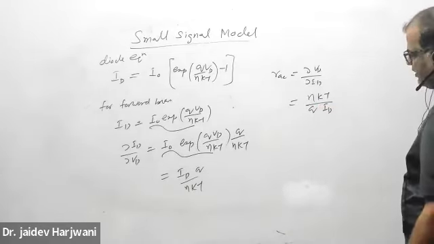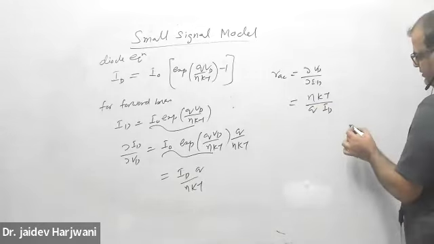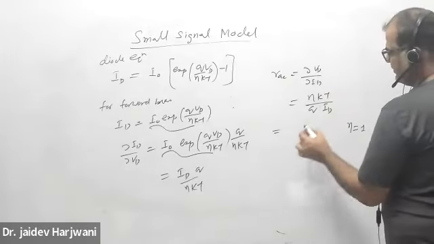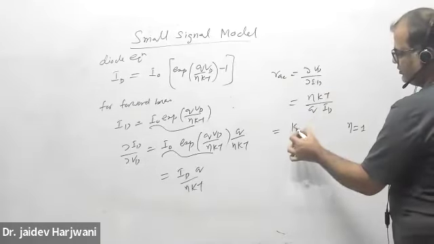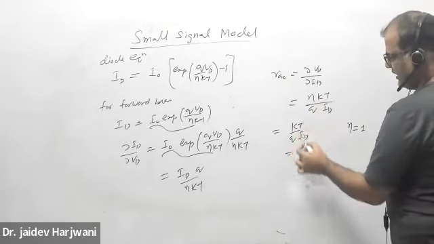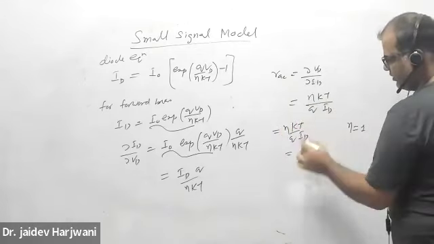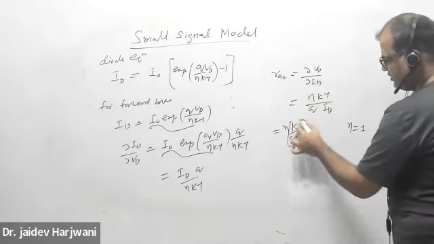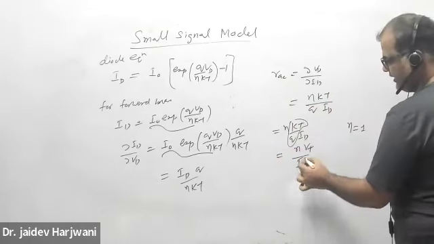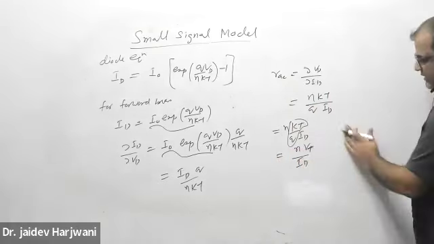Now eta value can be anything. KT by Q upon ID, and KT by Q is VT, the thermal voltage. So RAC is eta VT upon ID, and VT is the thermal voltage.